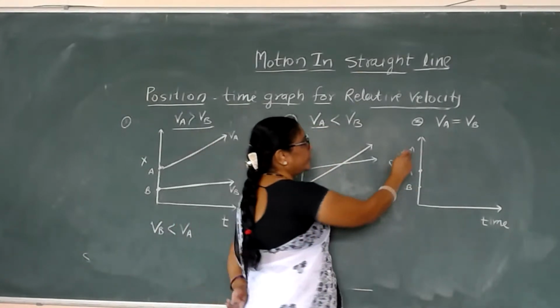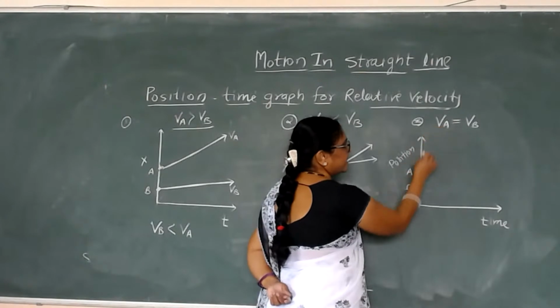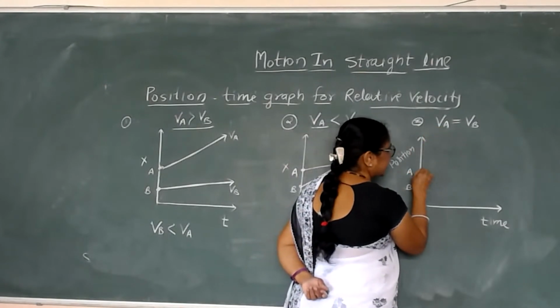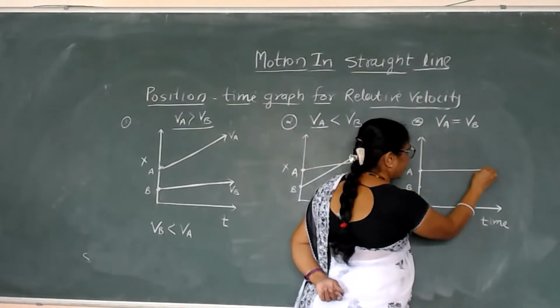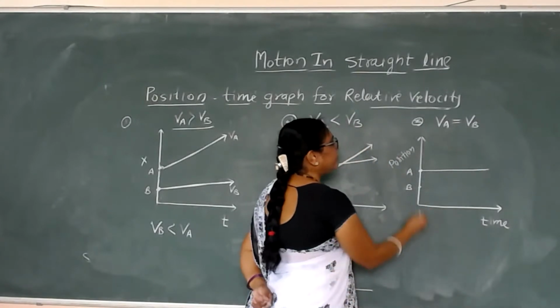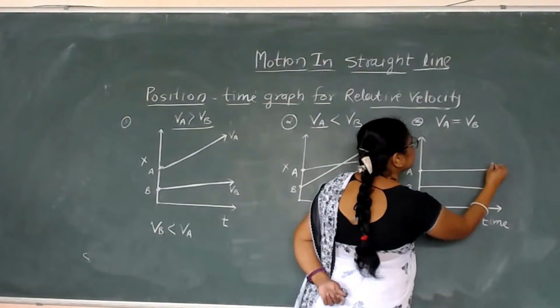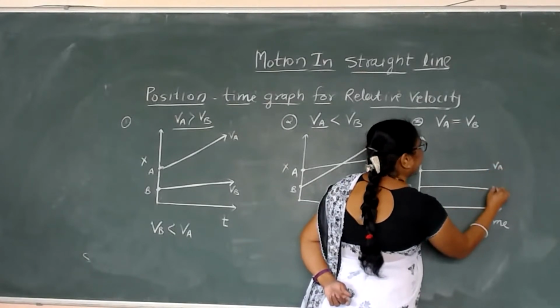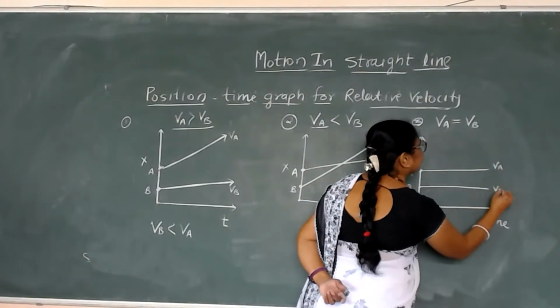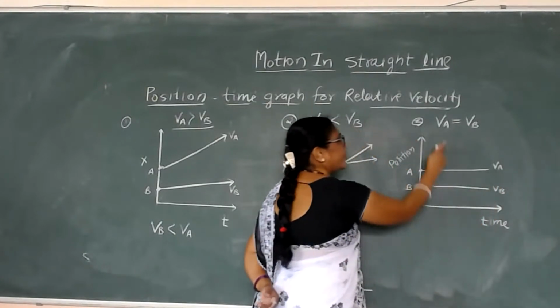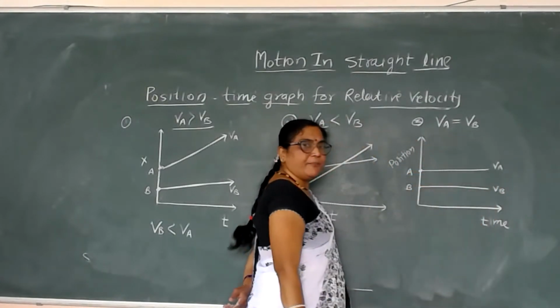Due to the change in position, the velocity is possessed. Suppose A is moving with a constant speed, and B is again moving with a constant speed. So these are VA and VB. The velocity of A is equal to the velocity of B.